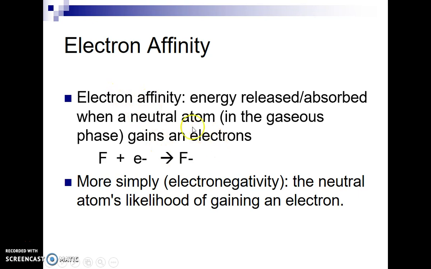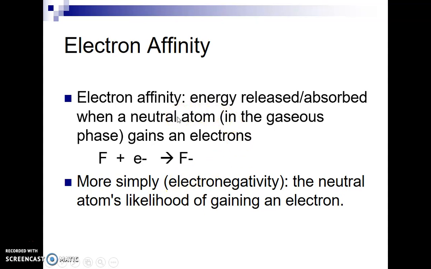So scientists have made a measure related to the idea of electron affinity, which is electronegativity, which is what we have talked about, and that is a measure of a neutral atom's likelihood of gaining an electron. This is what we talked about in 10th grade. If you see the word electron affinity, know that it's related to electronegativity and has to do with how likely an atom is to gain electrons.